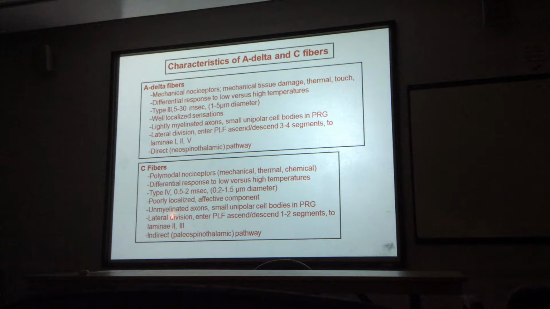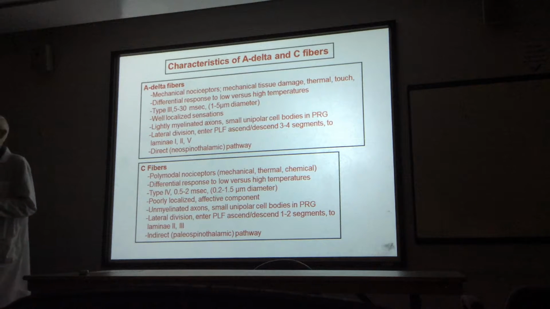Okay. These are commonly called unmyelinated, but they also have small cell bodies in the posterior root ganglion. Same origin for the first order neurons. These also enter the lateral division, but these will ascend maybe 1 to 2 segments before they terminate in the posterior horn, and they terminate predominantly in laminae 2 and 3. And these contribute to what we call the paleospinothalamic pathway.